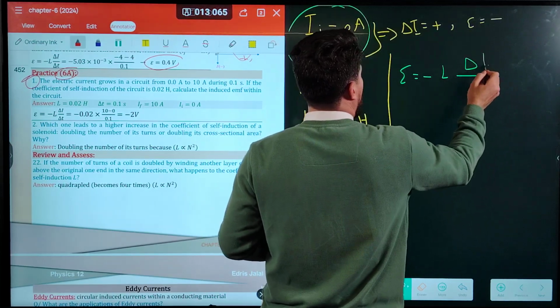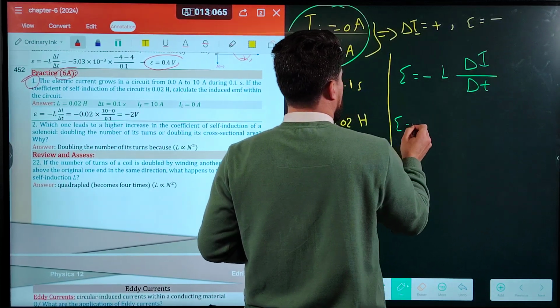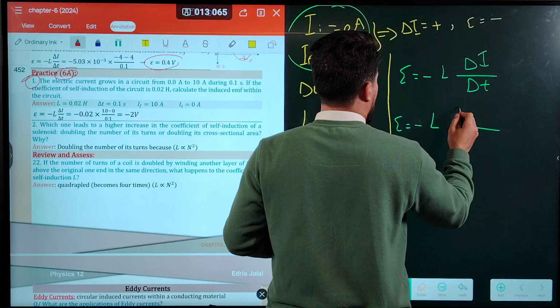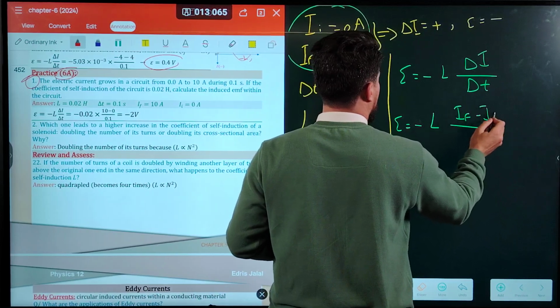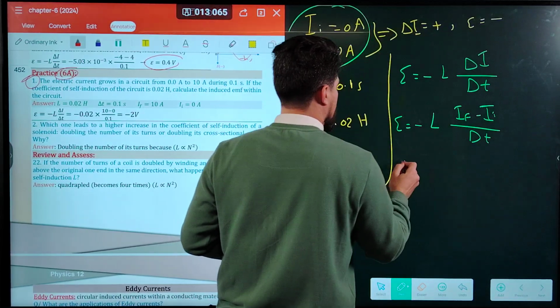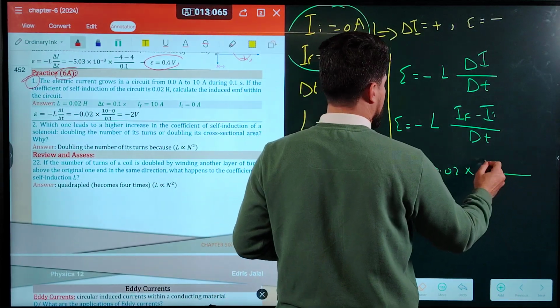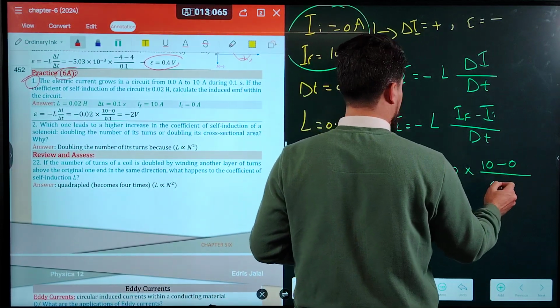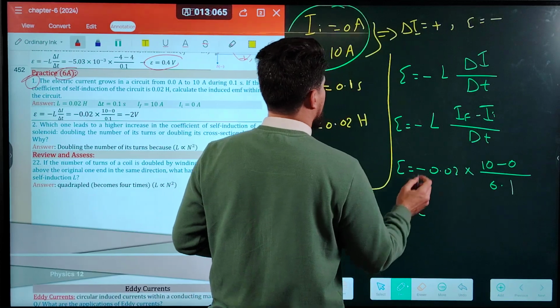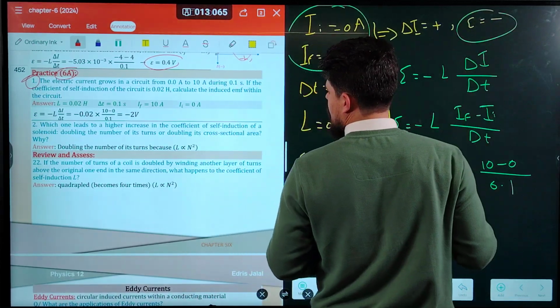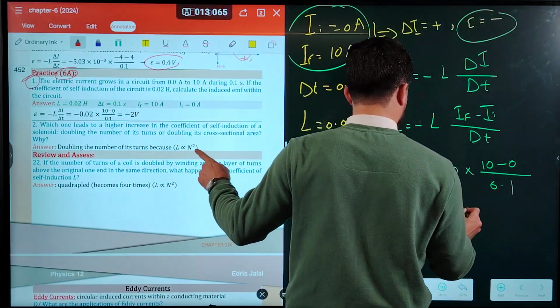Negative L delta I over delta T, negative L times I final minus I initial over delta T. Negative 0.02 times final 10 minus 0 divided by 0.1. EMF should be negative 2 volt.